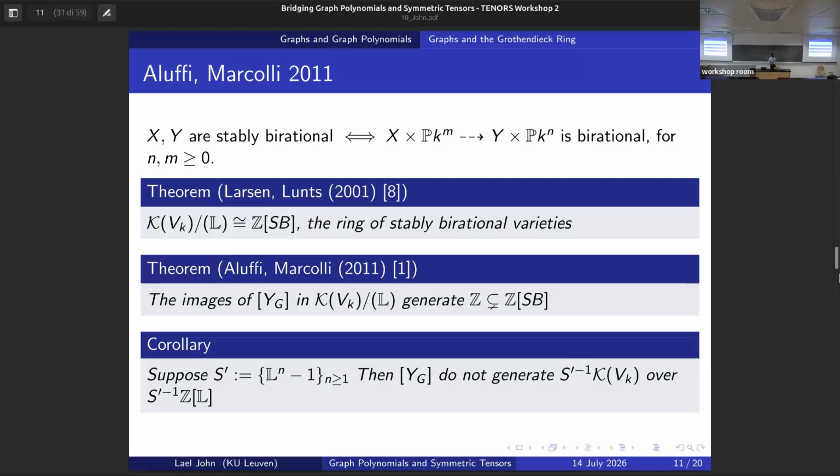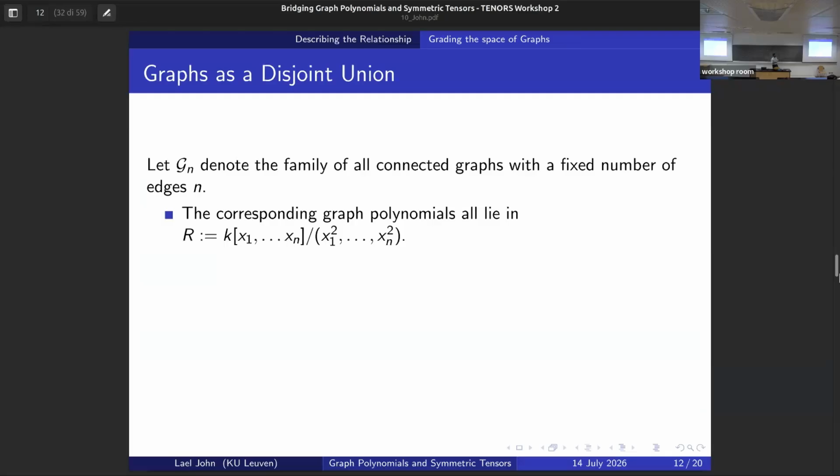And so my question then was, since these graph polynomials are homogeneous, and homogeneous polynomials are isomorphic to symmetric tensors, is it possible to have some sort of generating behavior in the symmetric tensors? And then vice versa, is it possible for me to get a grading back to graphs, right? So I'll tackle the first question.